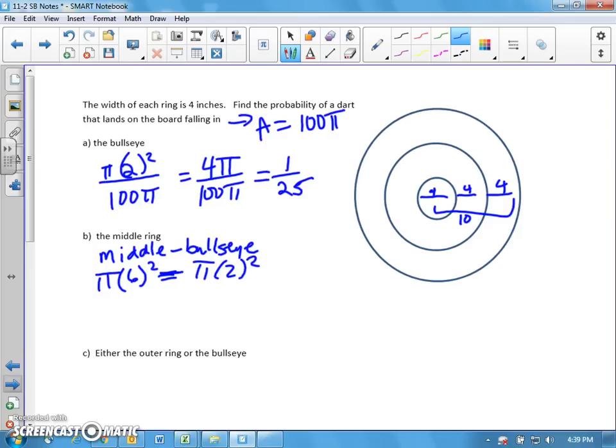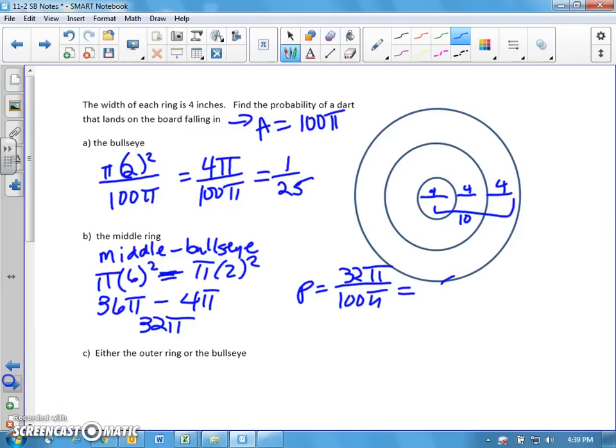You cannot just subtract your radii because they get squared. This is 36 pi minus 4 pi, or 32 pi. So the probability would be 32 pi over 100 pi, which reduces down to 8 over 25, which is 0.32 or 32%.